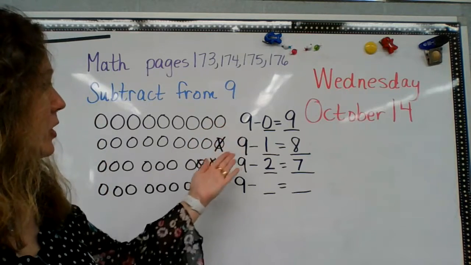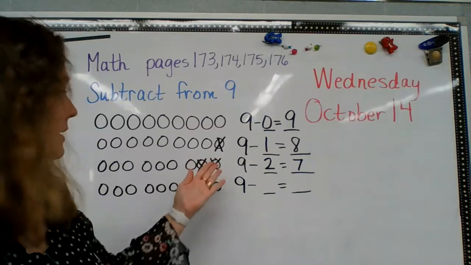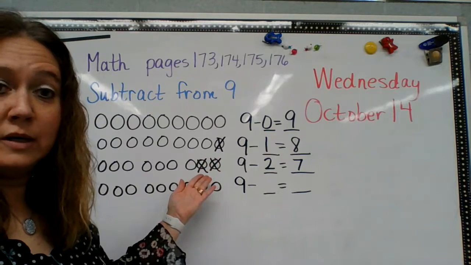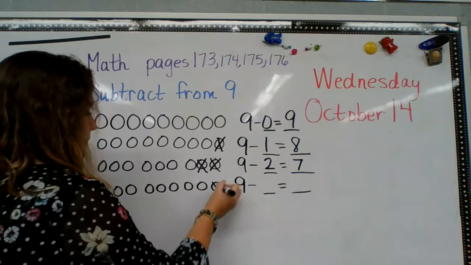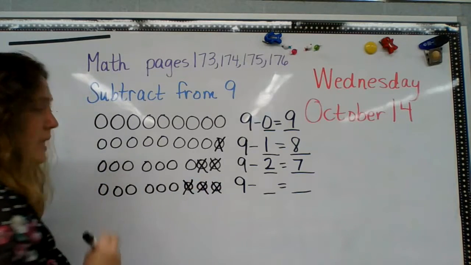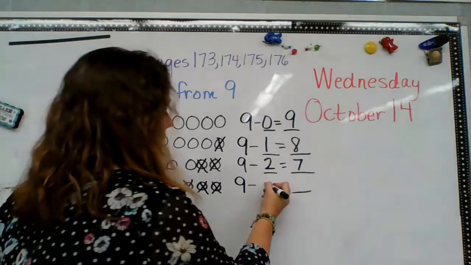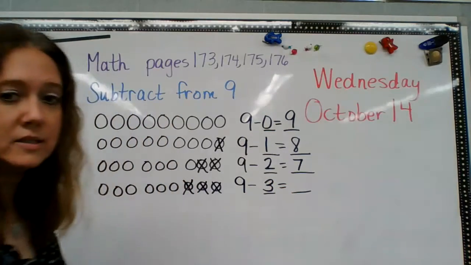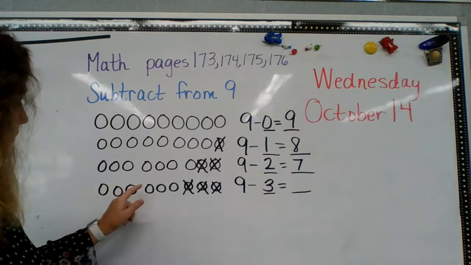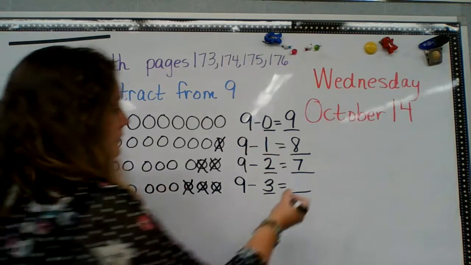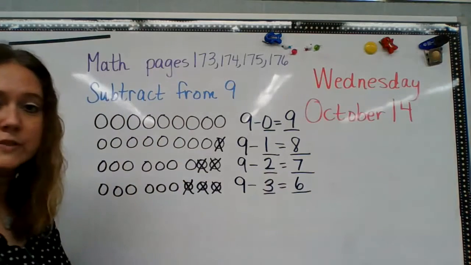First we start out with 0, then 1, then 2. Now we're going to cross off 3. And we're going to write it in our subtraction number sentence. How many are left? 6.